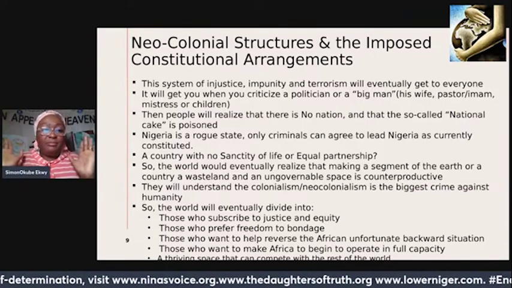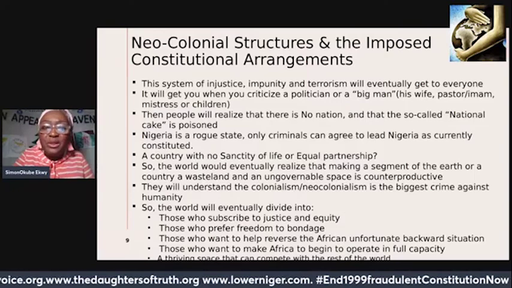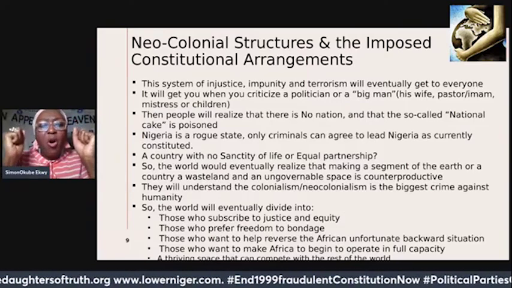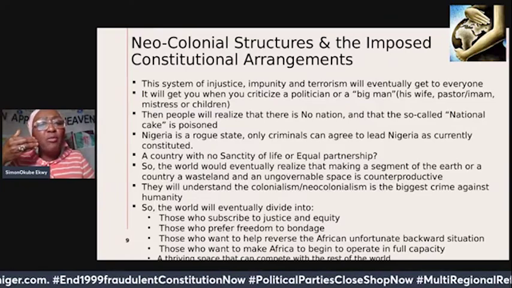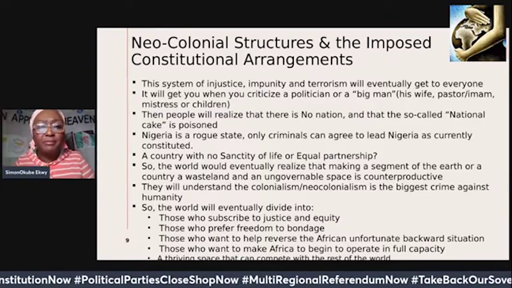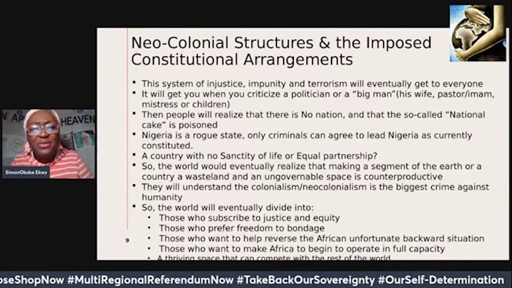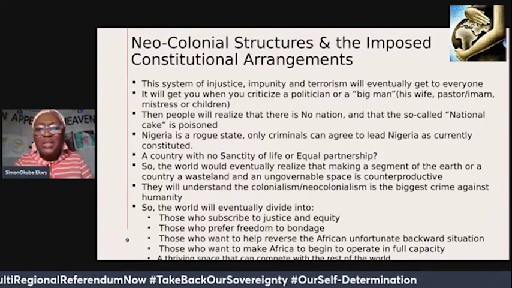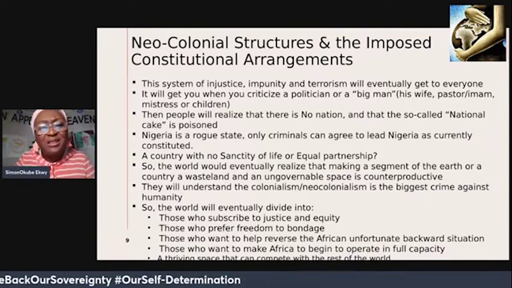That's all. Because if you're not a criminal, you will want to remove the shackles off the hands of the people. The thing they used to tie the mouth of the people, you want to remove it first before you begin to lead them. A country with no sanctity of life, a country where we told you there's no equal partnership, you want to come and be the leader? To lead to where?